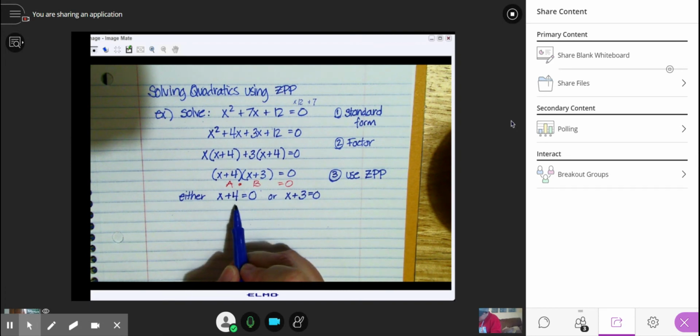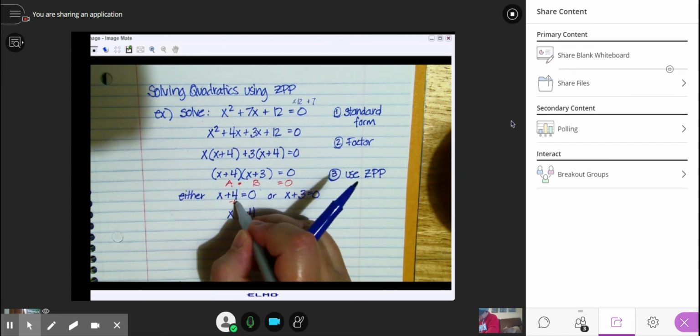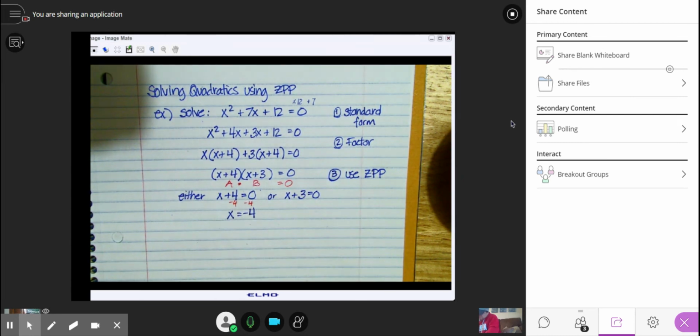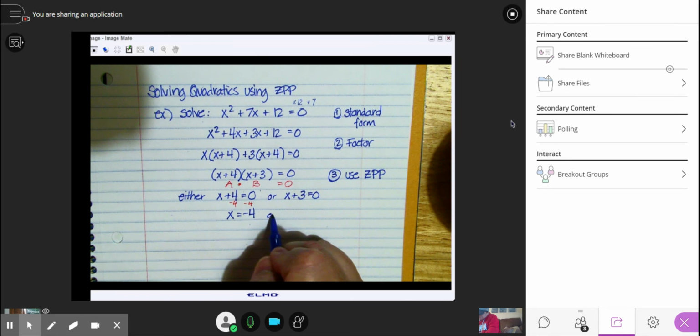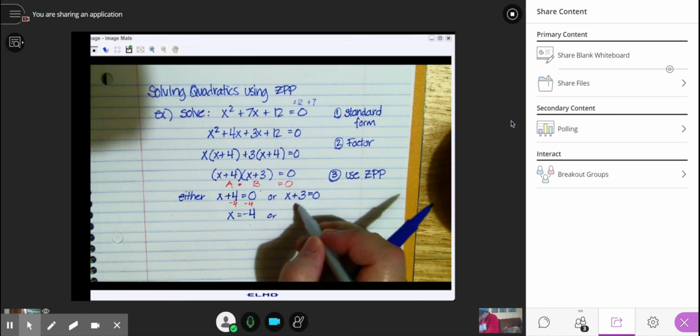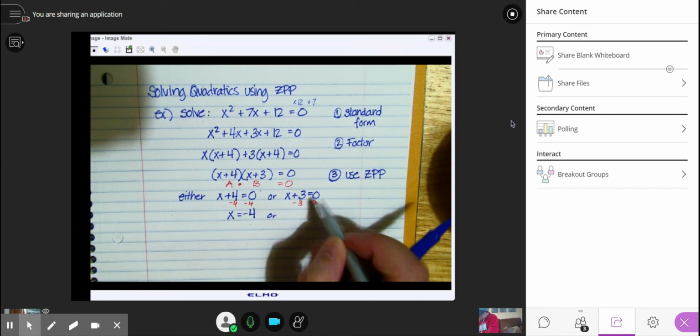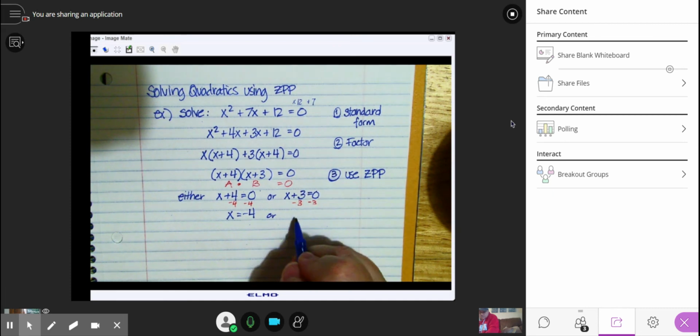If x plus 4 is equal to 0, then x would equal negative 4. Or if x plus 3 is equal to 0, then my x would equal negative 3.